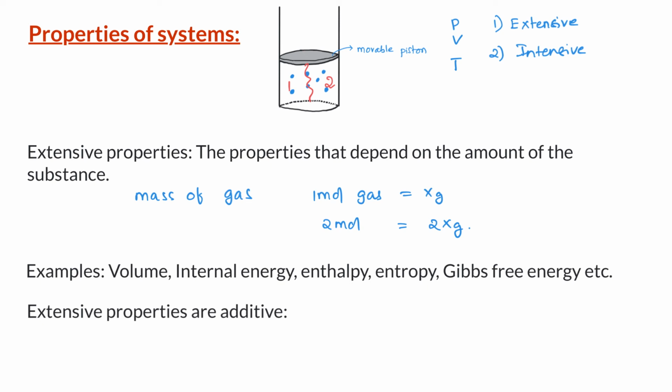For example, if we take a sample of ideal gas, break it down into two imaginary parts, volume of part 1 plus volume of part 2 gives the total volume of the system. This equation is only applicable for extensive properties.